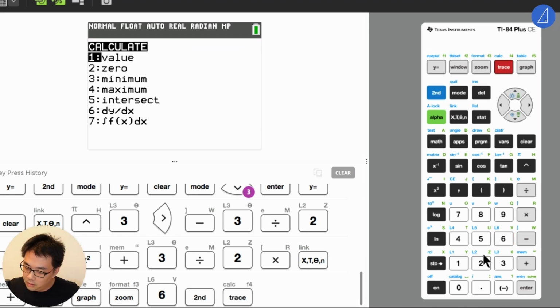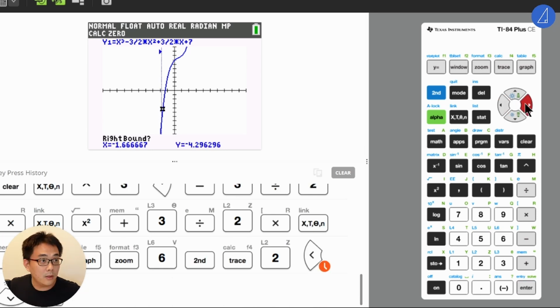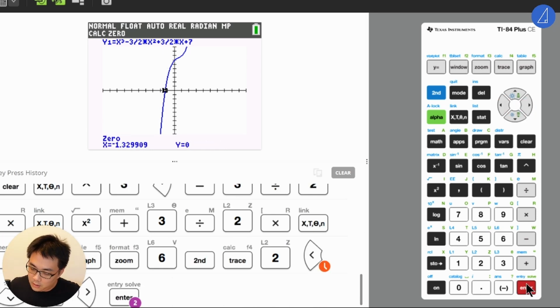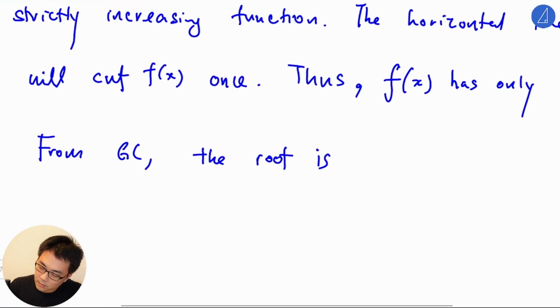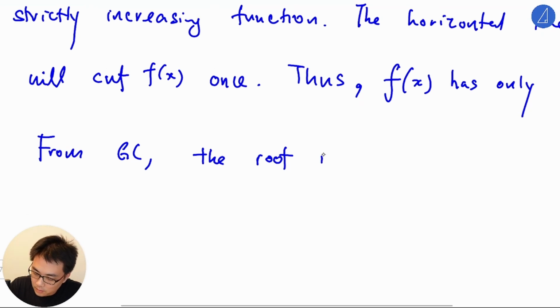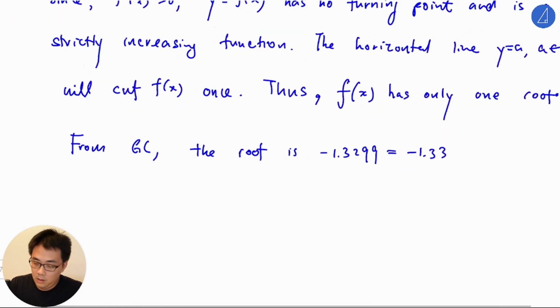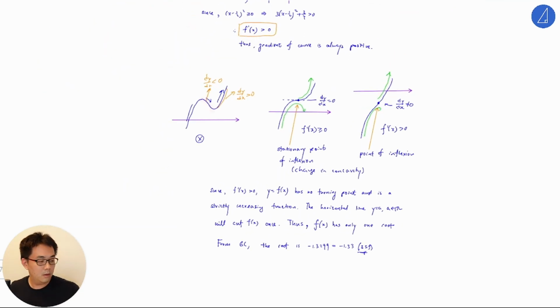The last part should be quite fast. This is negative 1.3299, from GC. So you don't need to draw the diagram out. This is just for explanation.